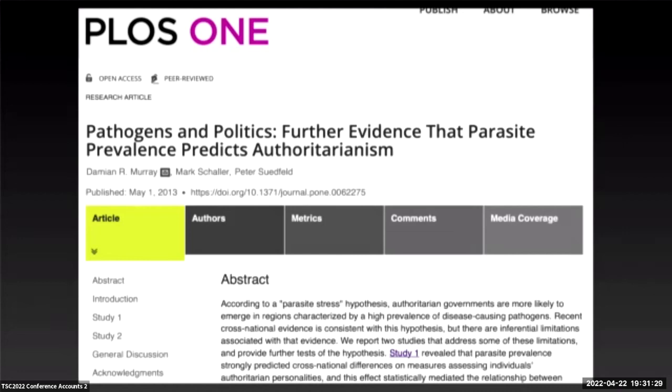So, what this could suggest is that parasites inside the body incentivize you to desire parasites outside of the body.